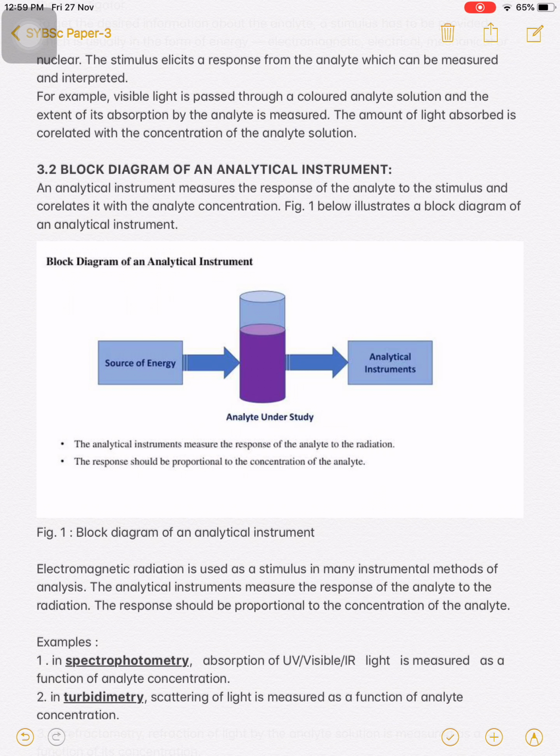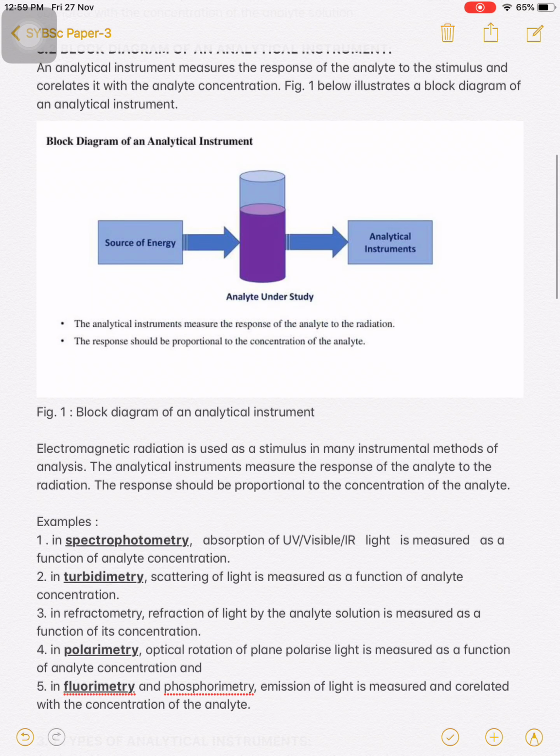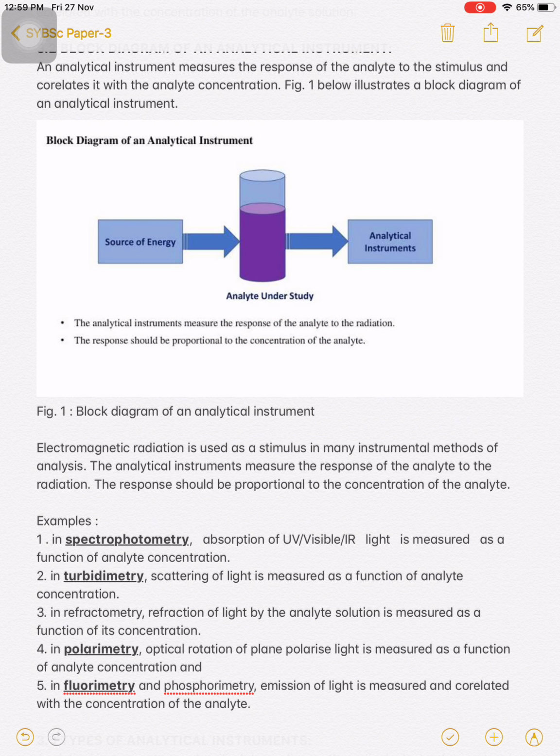The block diagram of an analytical instrument: in that block diagram, the energy is passed through the solution. This energy may be in terms of electromagnetic radiations, or electrical energy, or mechanical or nuclear energy. So this energy is given to the component, and this component gives response to that energy, and we are getting a result through the instruments.